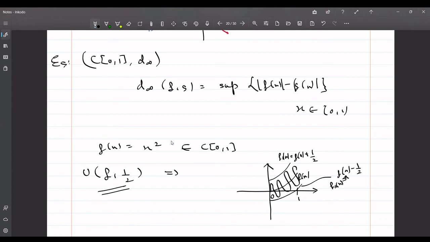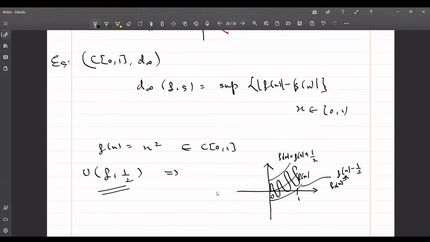And if any function in this region touches at least one of the boundaries at a point, then you will get the closed ball, and these functions themselves denote the sphere. Is it clear?